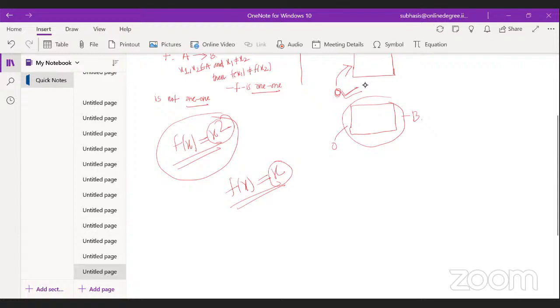You can get these from any entrance book for the +2 exam. NCERT is also fine.